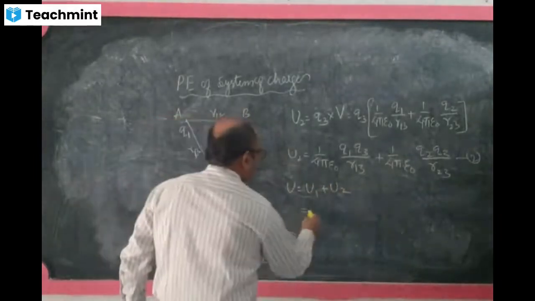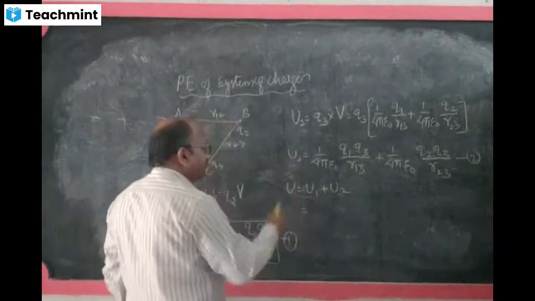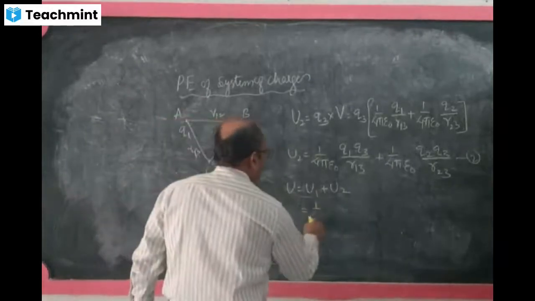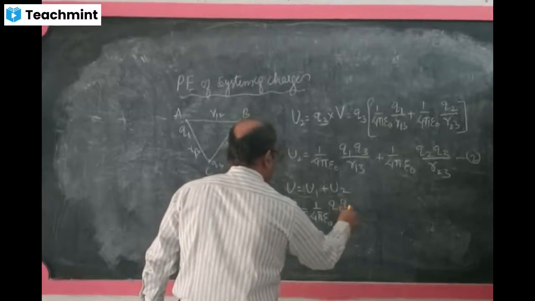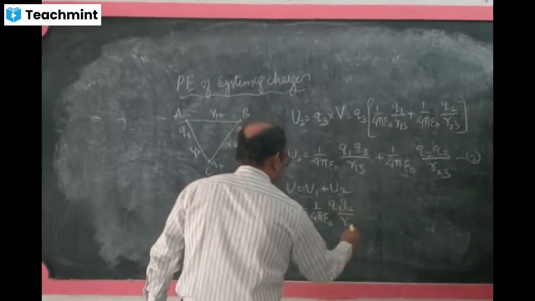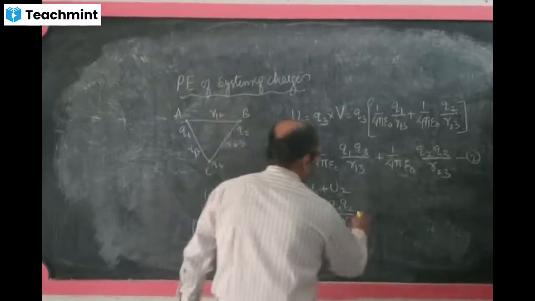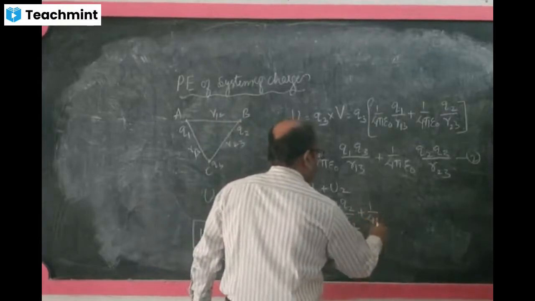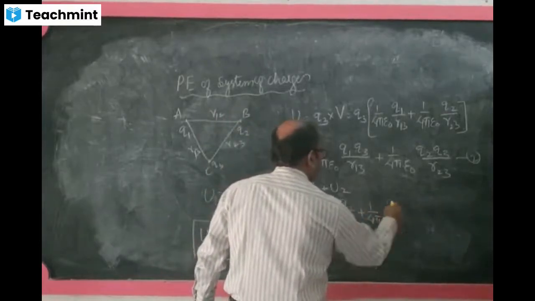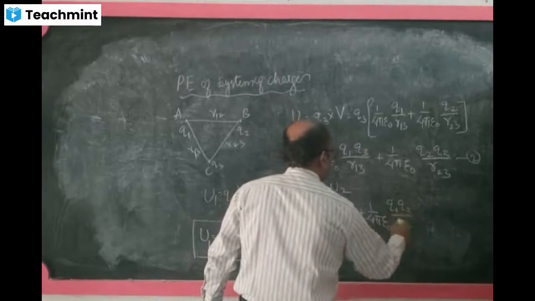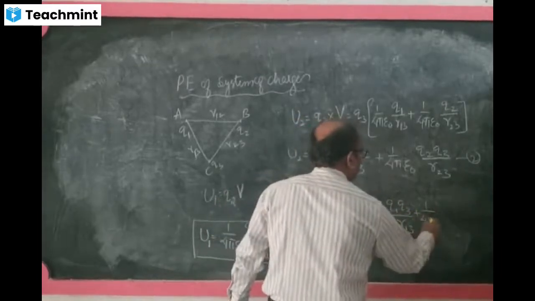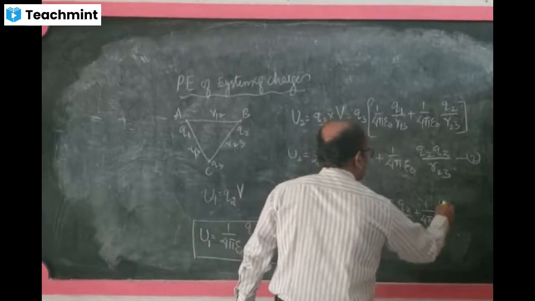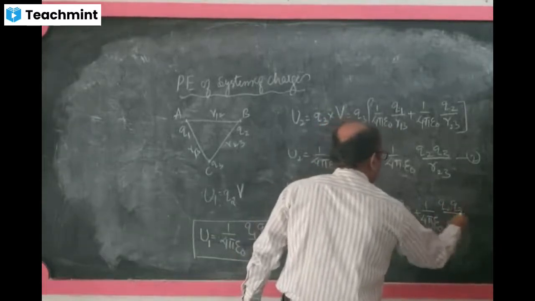So from equations 1 and 2, you can write it as 1 divided by 4 pi epsilon naught Q1 Q2 by R12 plus 1 divided by 4 pi epsilon naught Q1 Q3 by R13 plus 1 divided by 4 pi epsilon naught Q2 Q3 by R23.